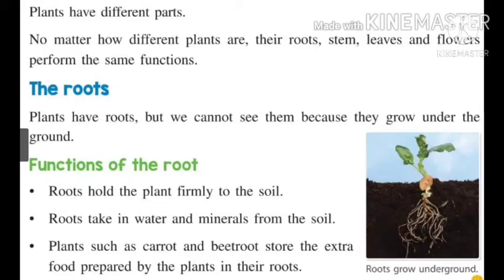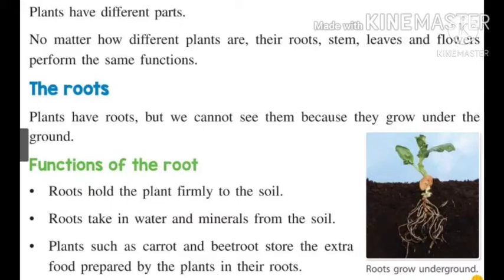Plants have roots, but we cannot see them because they grow under the ground. Functions of the root. Roots hold the plant firmly to the soil. Roots take in water and minerals from the soil. Plants such as carrot and beetroot store the extra food prepared by the plants in their roots.